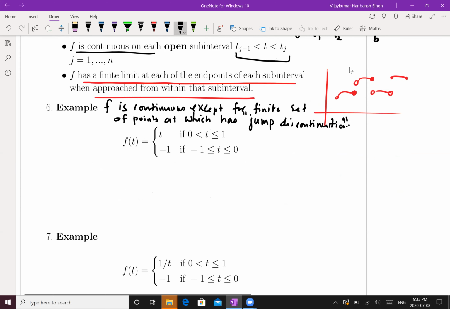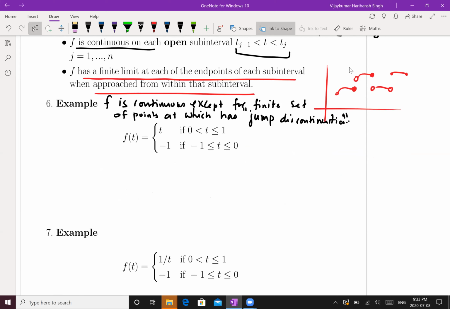So let's look at an example here. Let's draw this. For t from 0 to 1, the function is t, which is a straight line like this. There's a hole here at 1, 1. So this is the line t for this part, and there's a hole on this part.